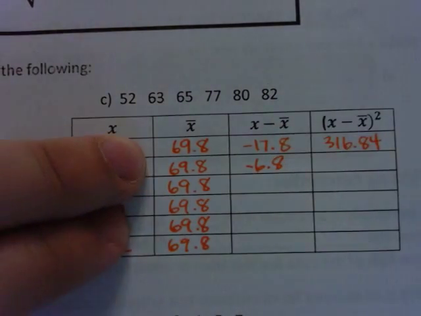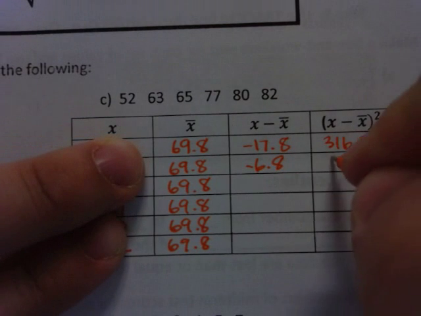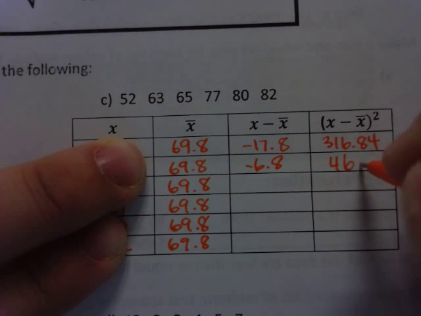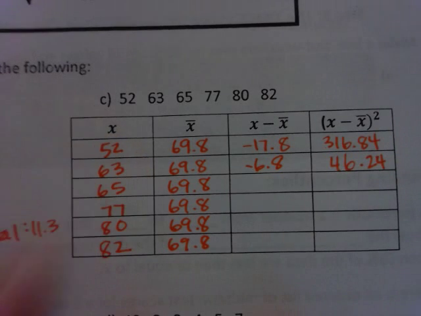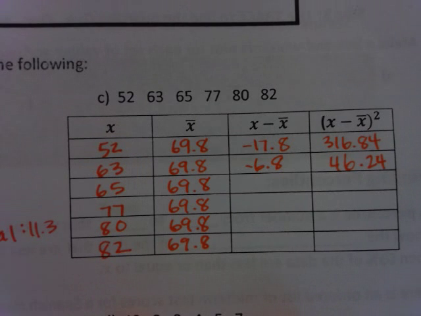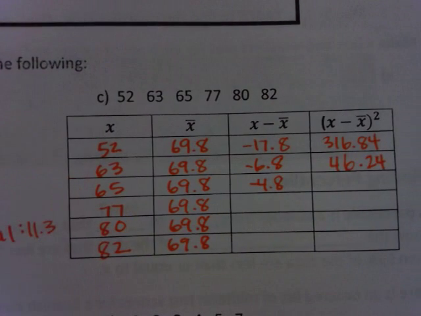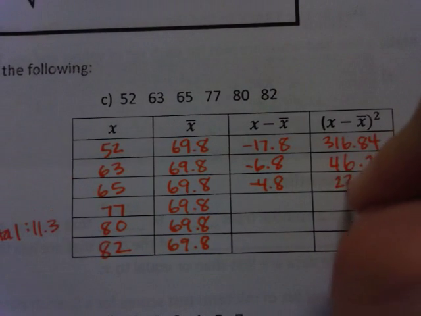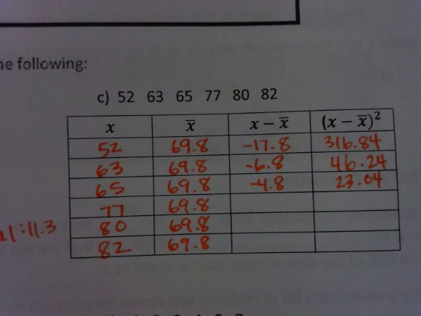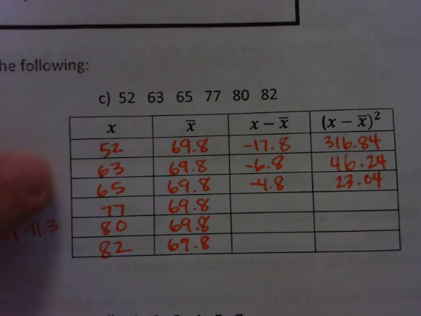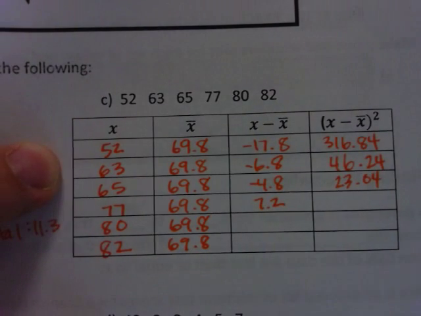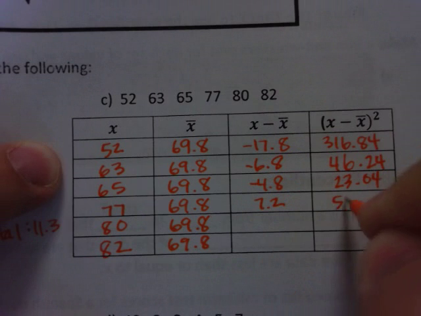Third is 36. 4.8 squared, 23.4. 72 squared, 51.8.